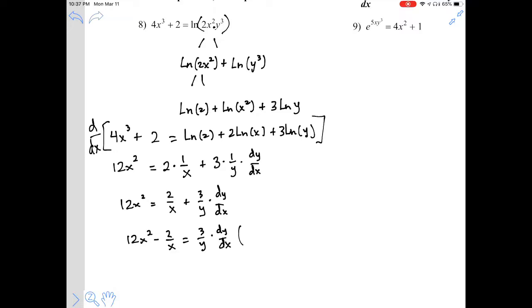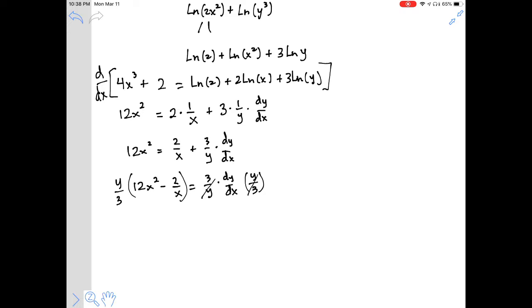So if I multiply this side by y over 3, then I can cancel that, and I would multiply this side by y over 3 as well. So we have y over 3 times 12x squared minus 2 over x equals dy dx.